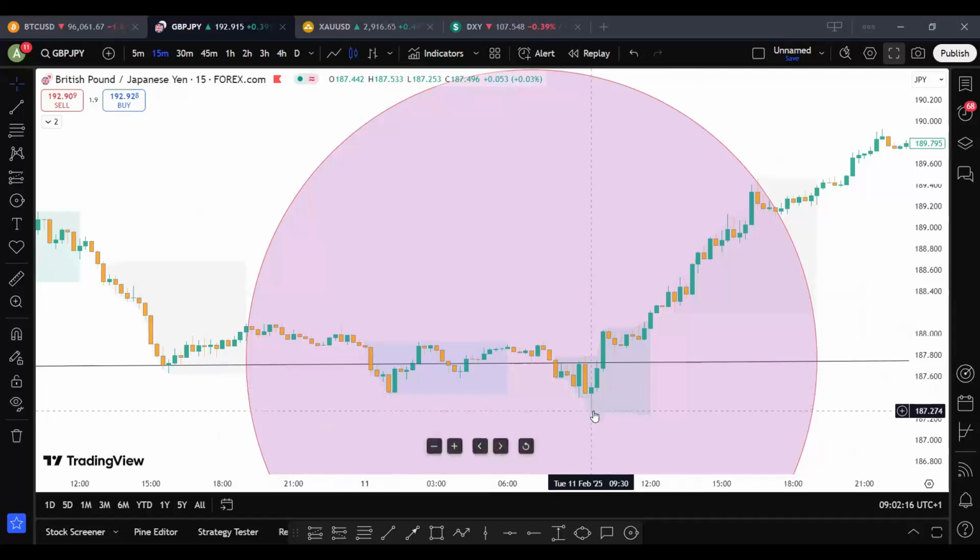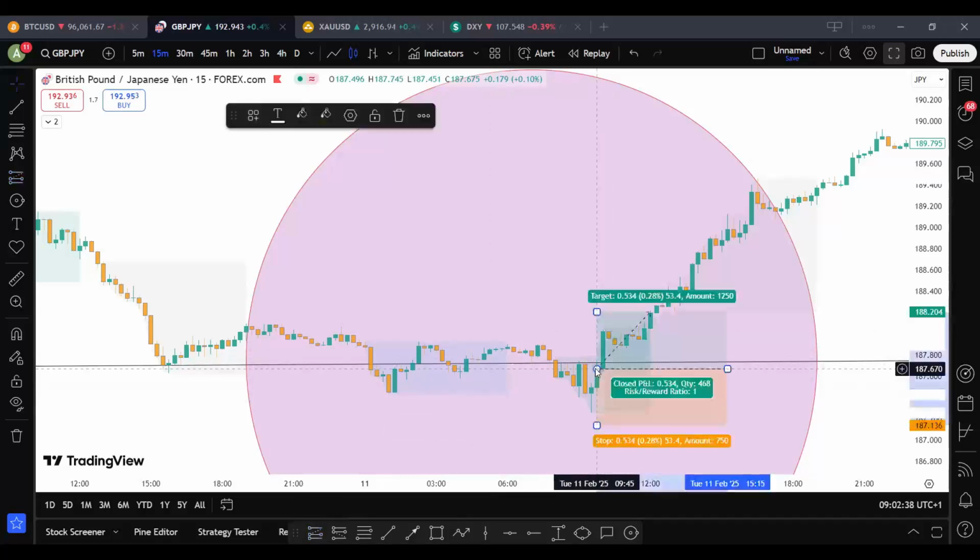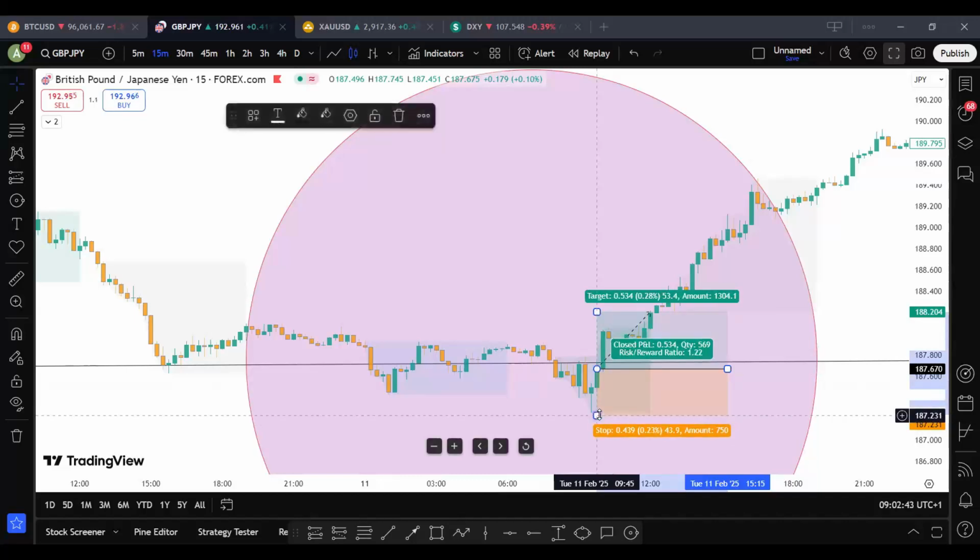So you can place your entry, any of, like after confirming. Then you place your entry, then stop loss, although it's still a little bit big. Entry, then stop loss below that low.